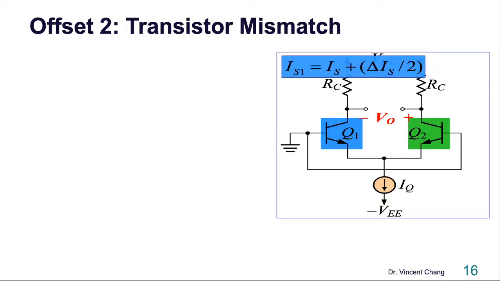If you have a little knowledge of semiconductor devices, you should know the saturation current IS of the BJT is proportional to the emitter-base junction area of the device. But during integrated circuit fabrication, the area might be misaligned or mismatched a little bit. That causes the saturation current to be mismatched.